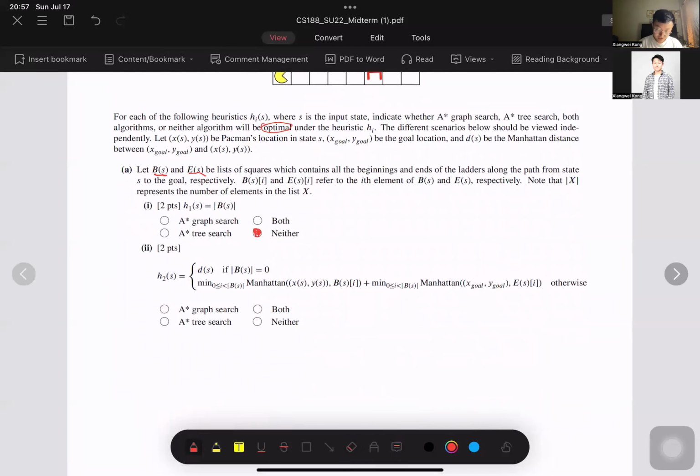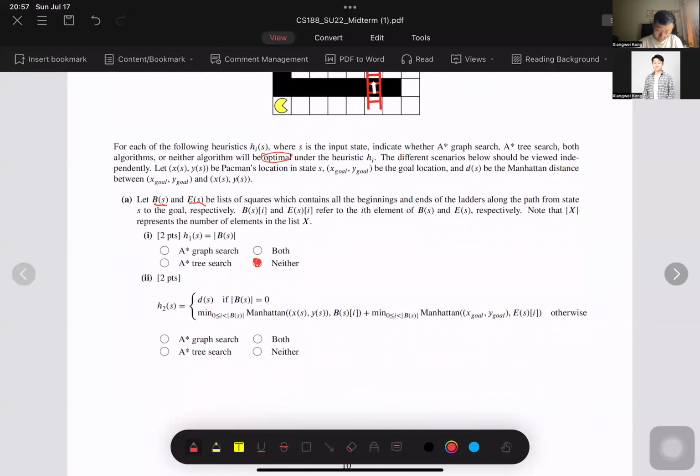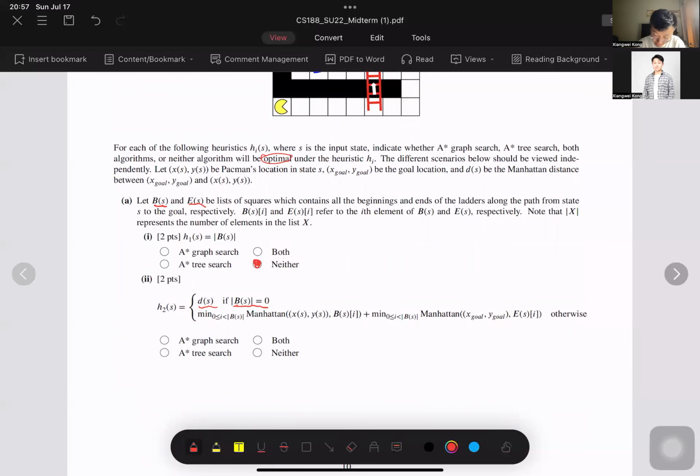For the second heuristic, if we have no letters, then the heuristic will just be the Manhattan distance from the goal to the current location of the Pac-Man.